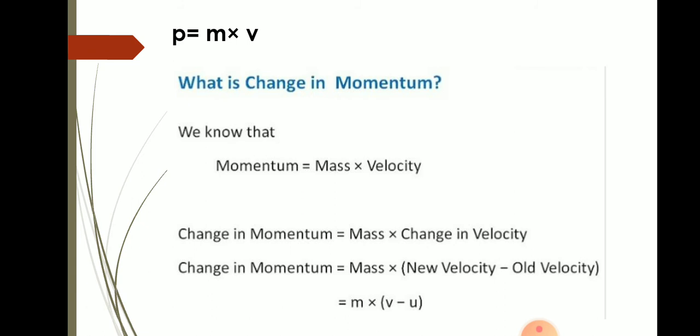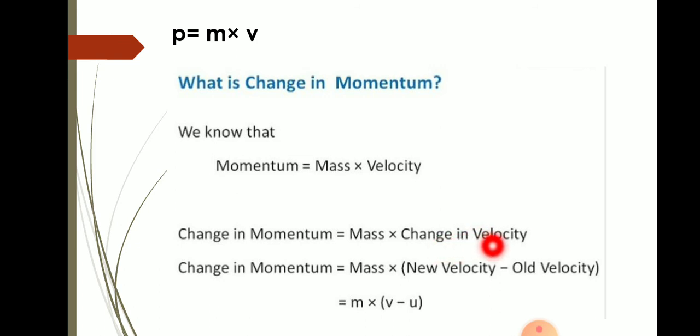As the velocity changes, what happens? Momentum also changes. So what is the change in momentum? We know that momentum is equal to mass into velocity. So how do we find the change in velocity?